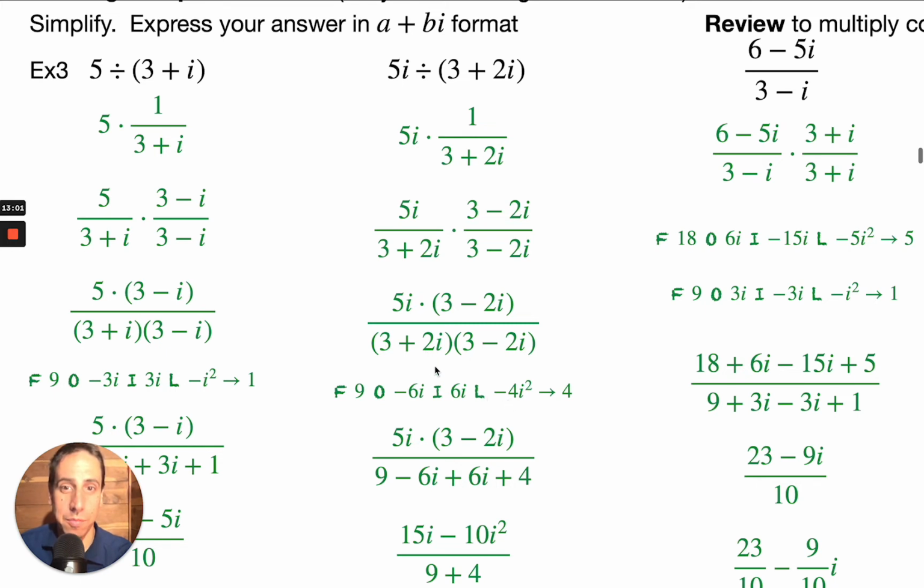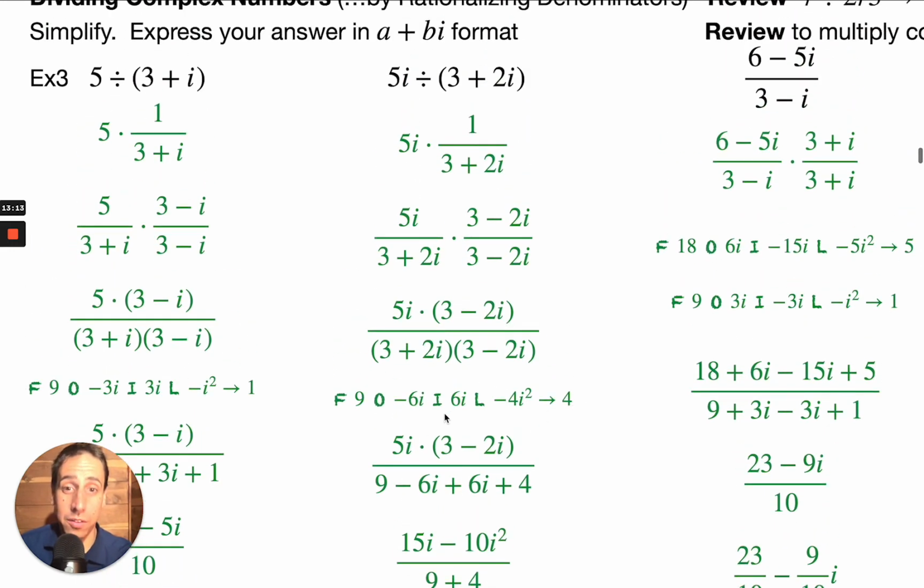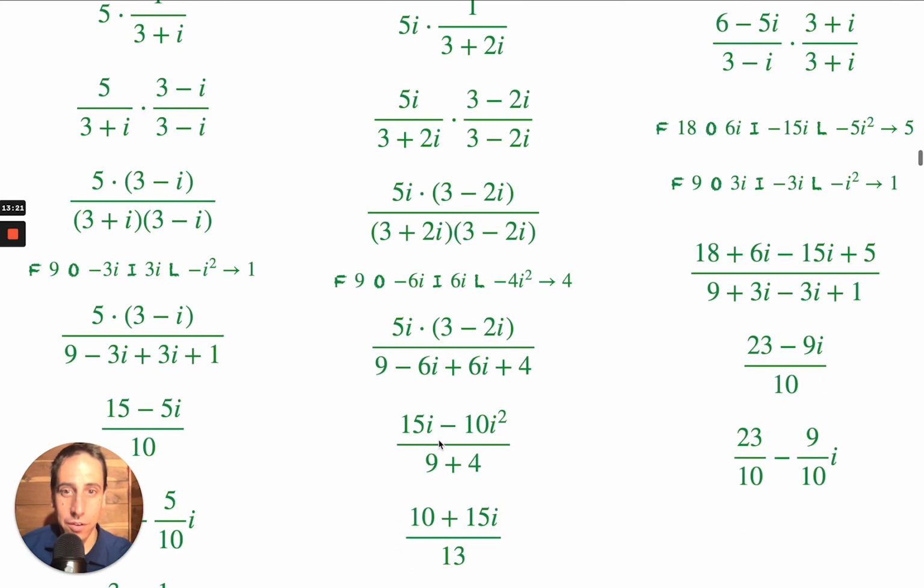The last term is negative 2i times 2i, which is negative 4i squared, and the negative and the i squared cancel out. You just have 4, which is pretty awesome because the inside term and the outside term of the FOIL are negatives of each other, and they cancel. And you're just left with 9 plus 4. In the numerator, you can distribute, and you get 15i minus 10i squared.